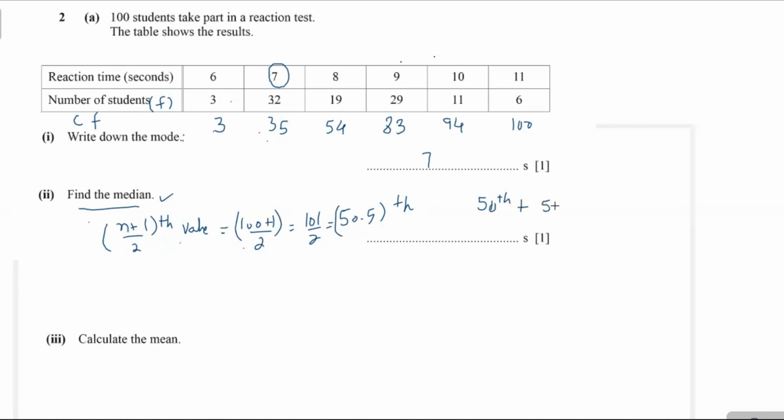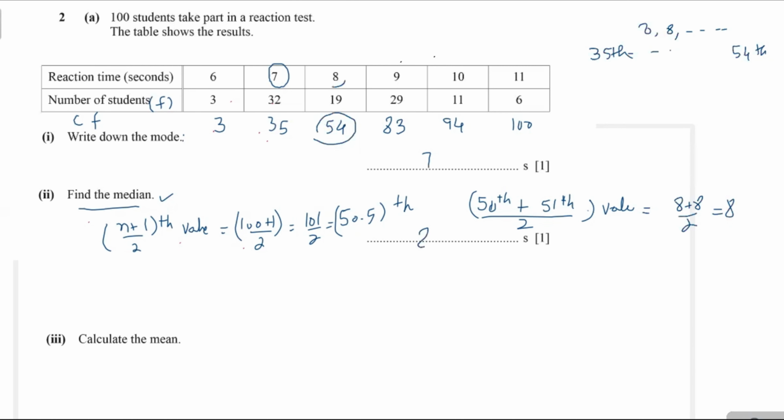It means the average of the 50th and 51st values will be the answer. Here the 50th data to 54th data, all data will be 8. Therefore, we can write the median as 8 plus 8 over 2. That's equal to 16 over 2, which is 8, the median of the 100 students' reaction test.